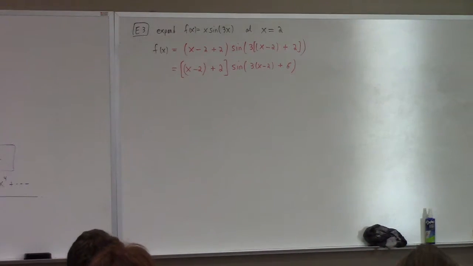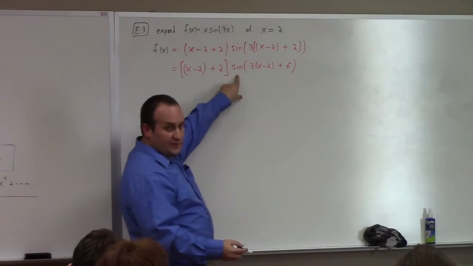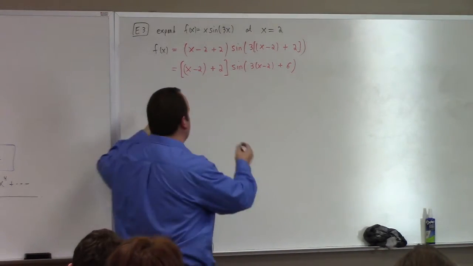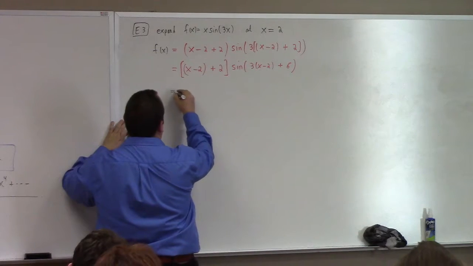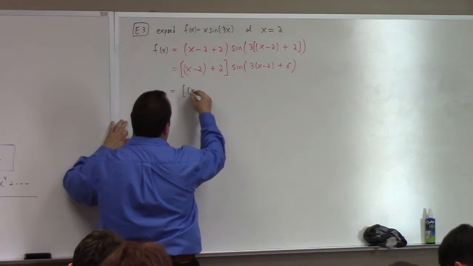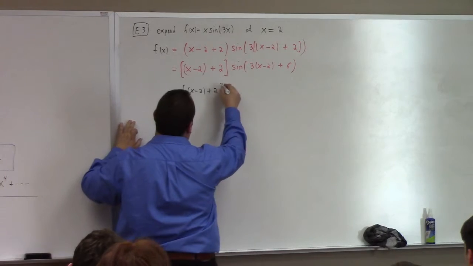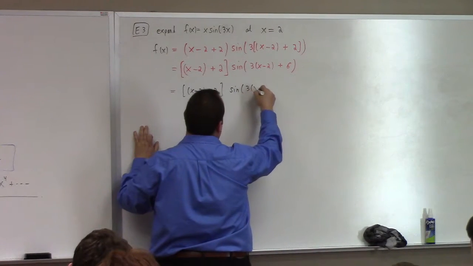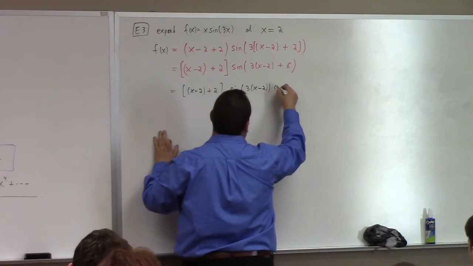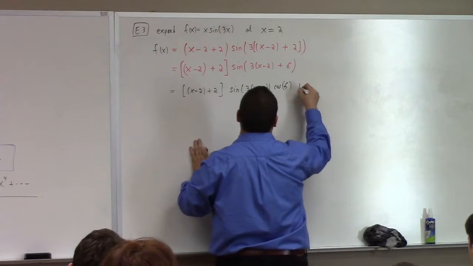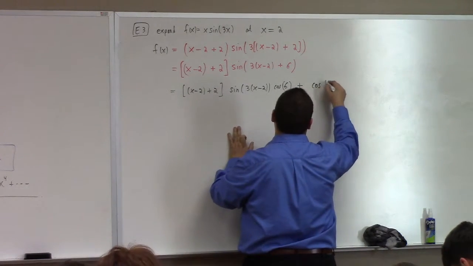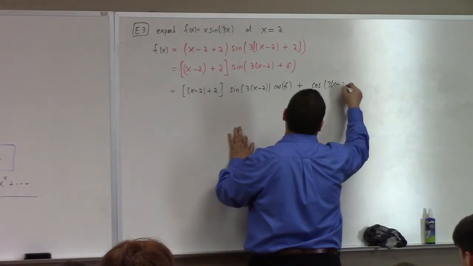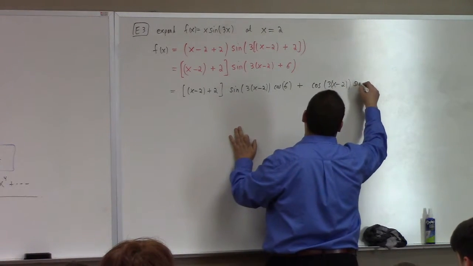Let's see here. All right, so this, we know adding angles formulas for sine, right? So this we could do what? So this is sine of 3 times x minus 2, cosine of 6, plus the cosine of 3 times x minus 2, sine of 6.